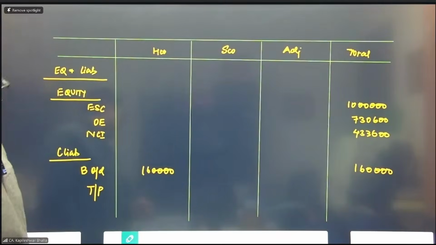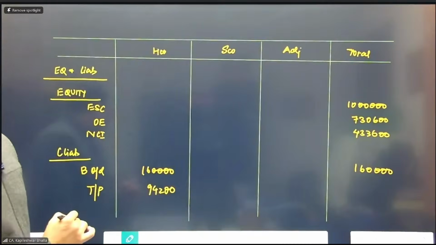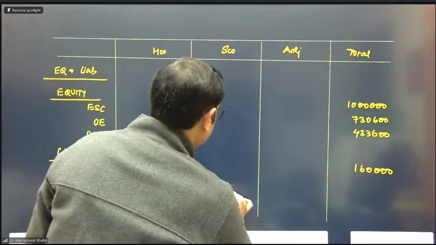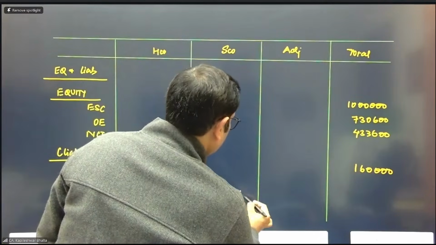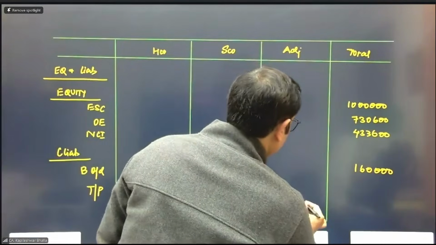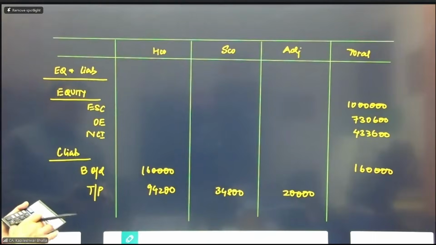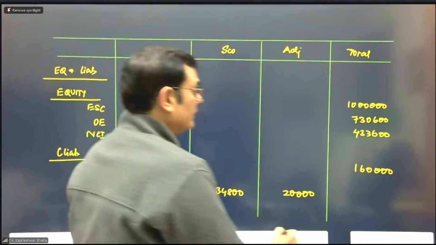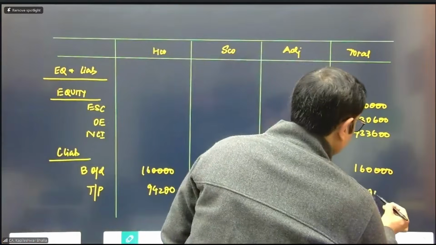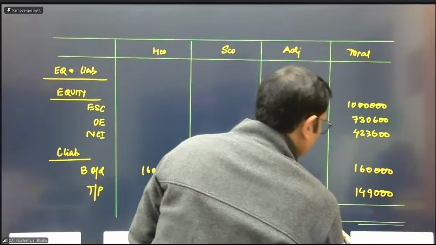And trade payables is 94,200, and this is 34,800. And there is a fair value change of trade payables, an increase by 20. And I think that's it. So 94,200 plus 34,800 plus 20, that's 1,49. So now we can take the sum total of the balance sheet.